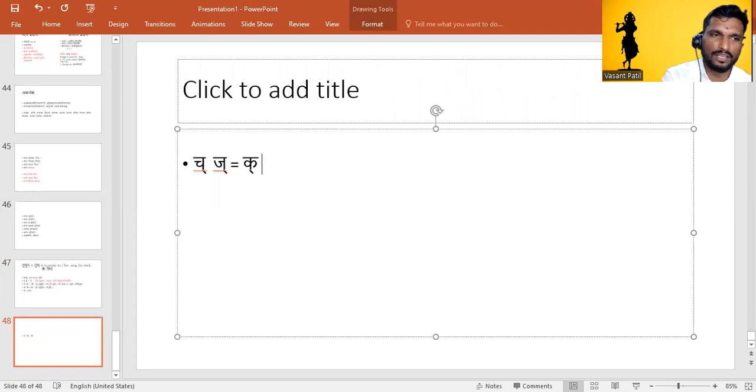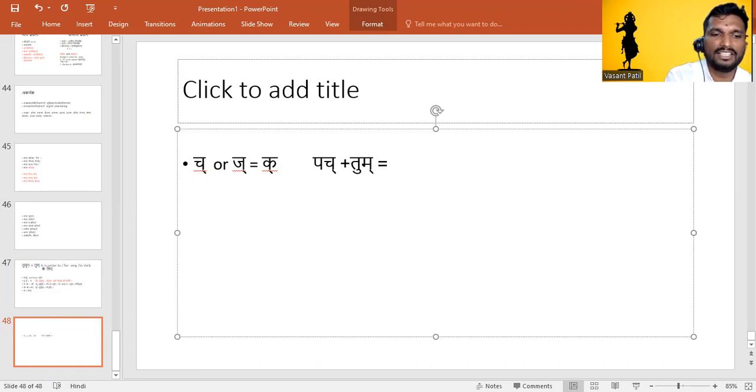So many rules, but only a few are given here. If the ending letter of the verb is ch or j, it will change into k. For example, pacha is the dhatu, and I am adding the tumunta pratyaya, writing only tum.